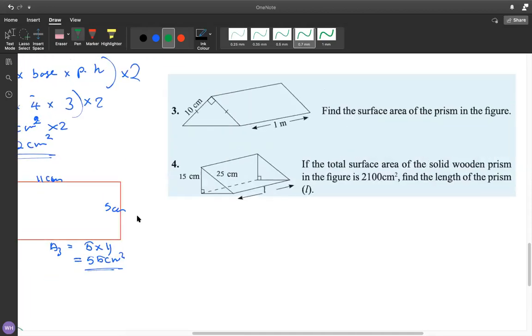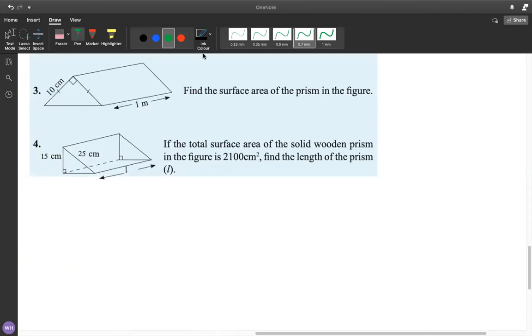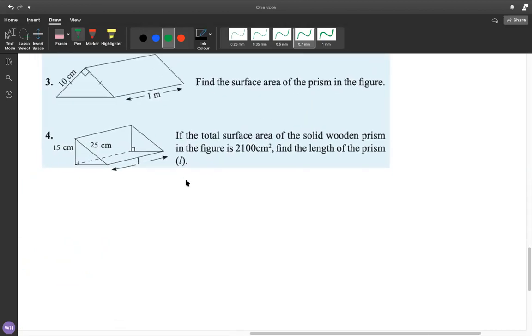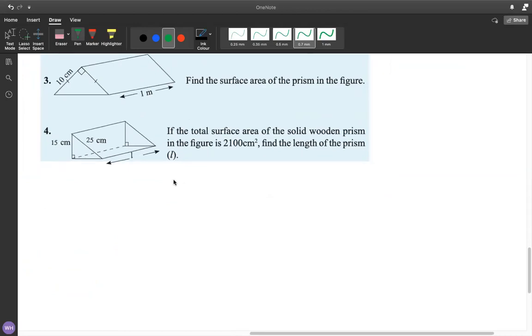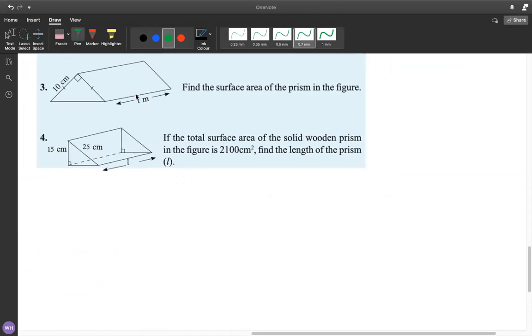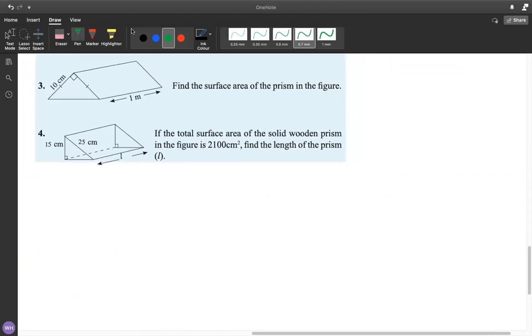It looks like we'll have to do the third one as well. Let's see the third one. Right, so it has two triangles. So the triangular area: 2 into half into the base, which is 10, and the perpendicular height is also 10.